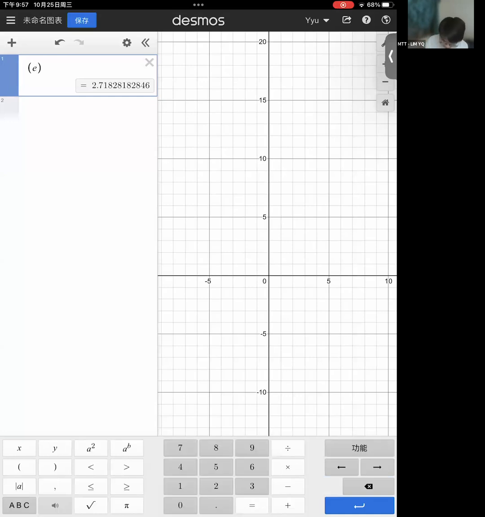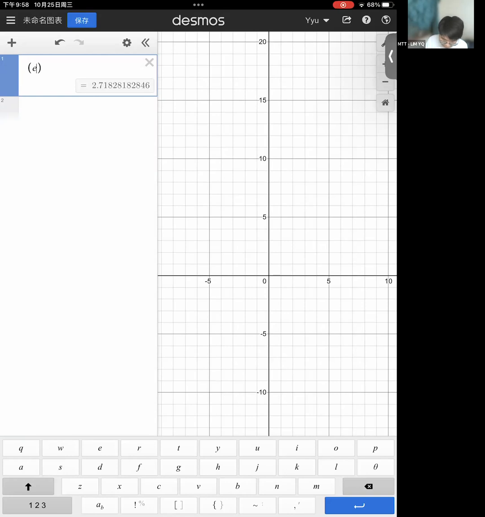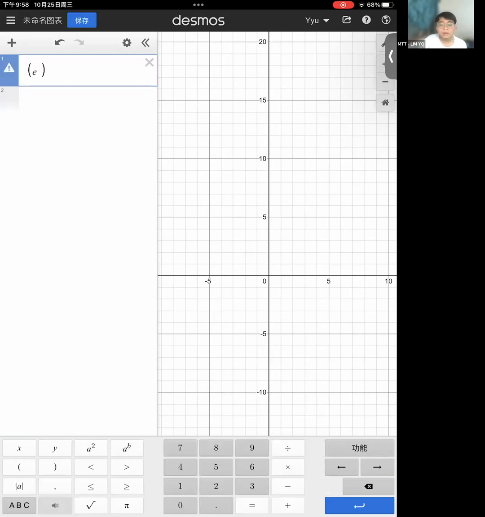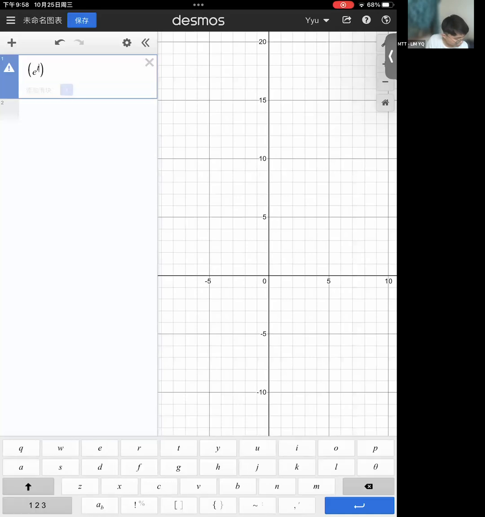So e power, you know how to put your power? Here, the 1, 2, 3, 4. So e power t, right? You just put t only.